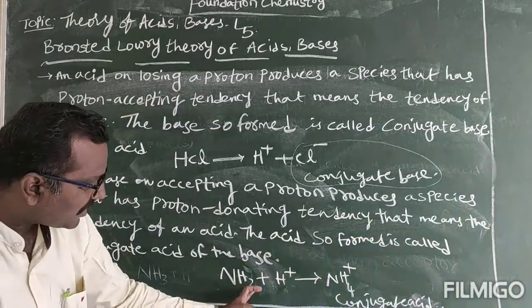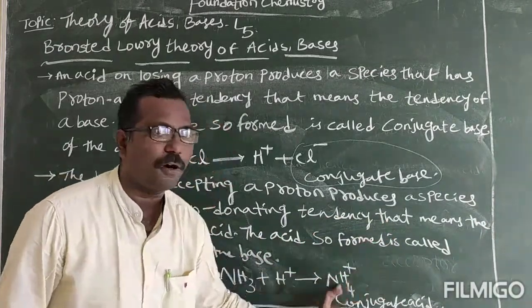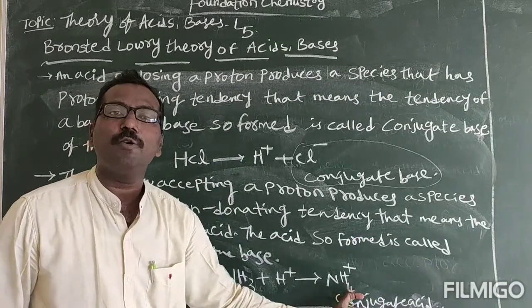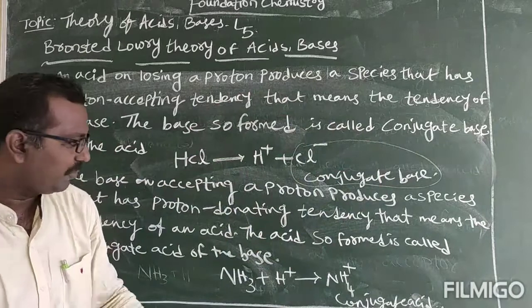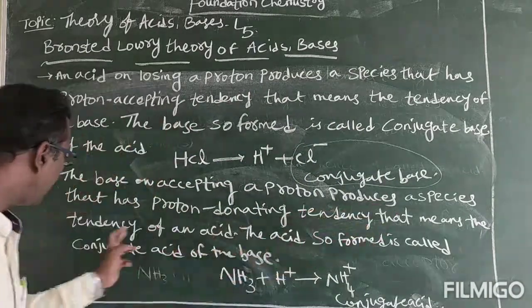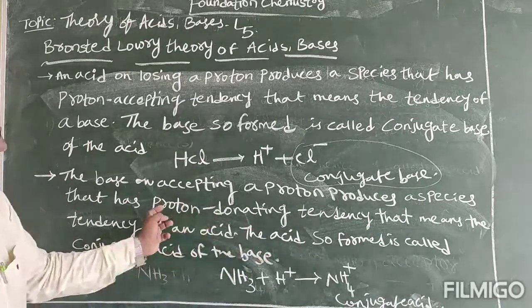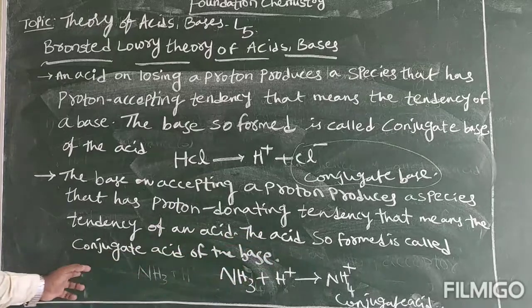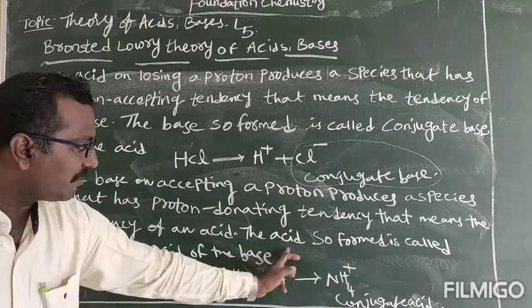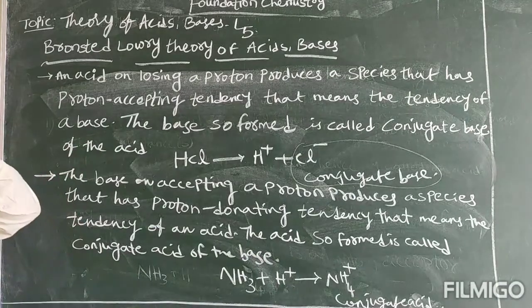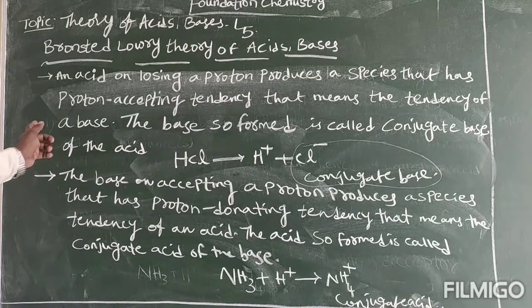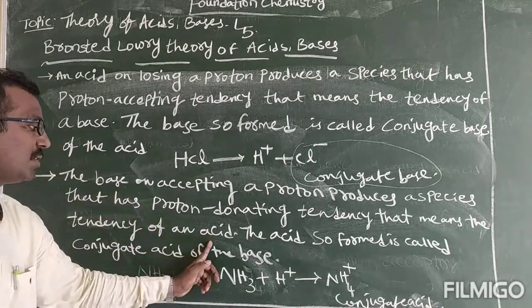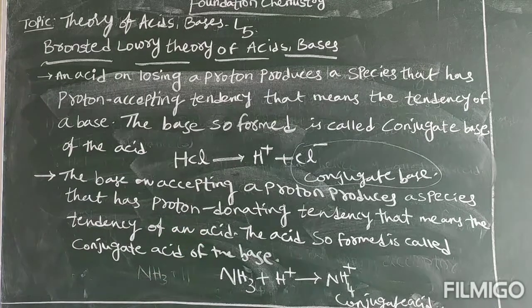See here, NH3 plus H+ gives NH4+. Now it can donate a proton to form NH3 again. That means the tendency of an acid. The acid so formed is called the conjugate acid of the base. This is the tendency of the base and this is the tendency of the acid. That is the difference.